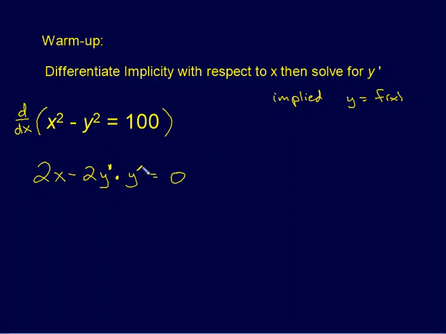Now, remember, what we're trying to solve for is the y prime, or dy dx. So if I were to add this negative term entirely over to the other side, I get 2x equals 2y, y prime. And if I want to solve for y prime, we're just going to have to divide by 2y.